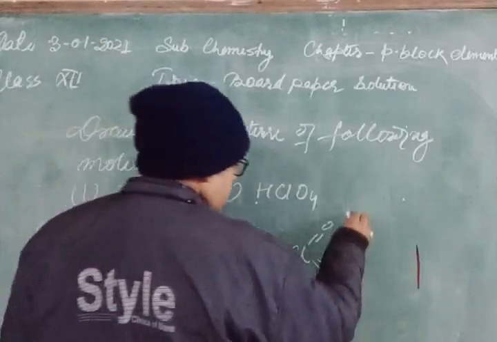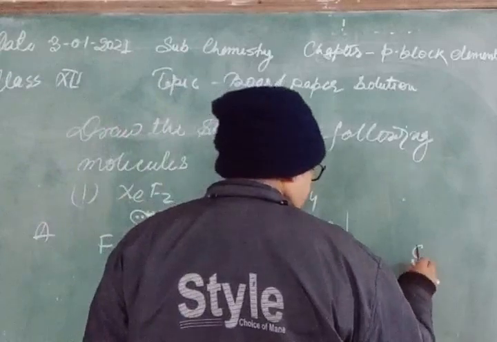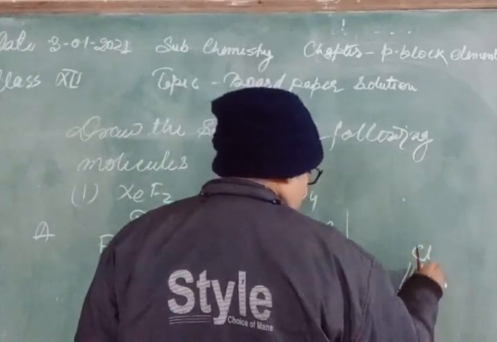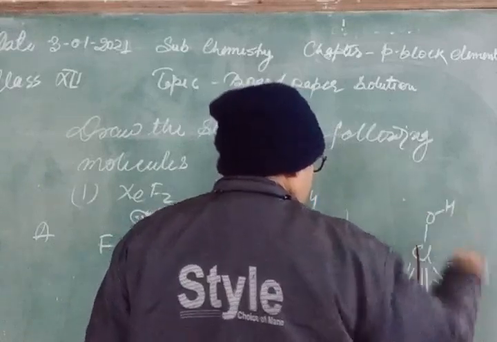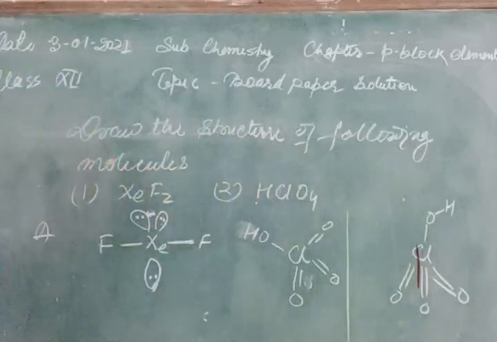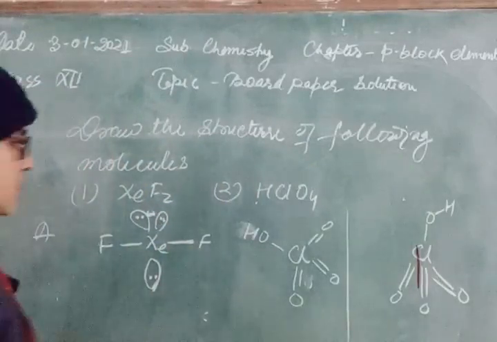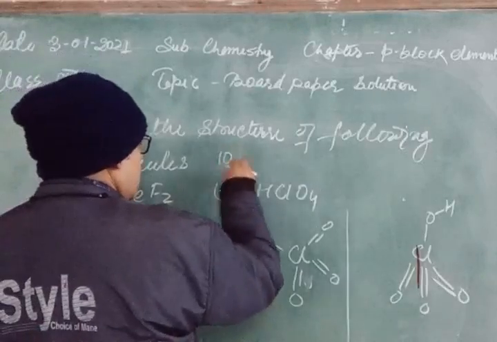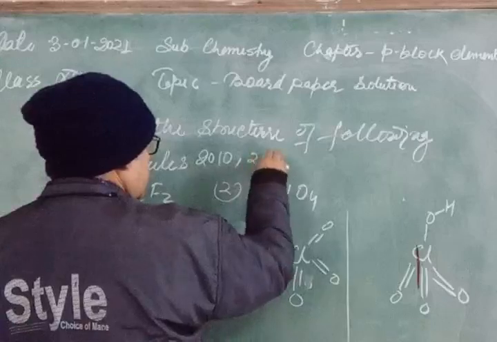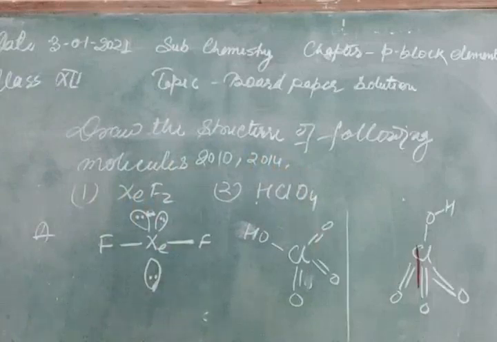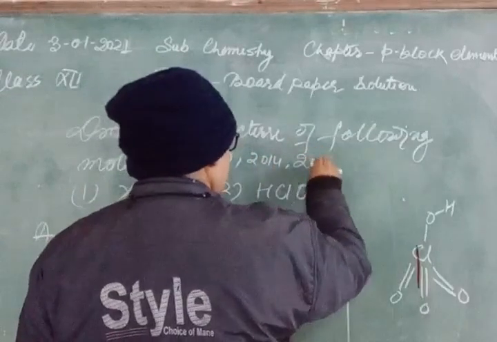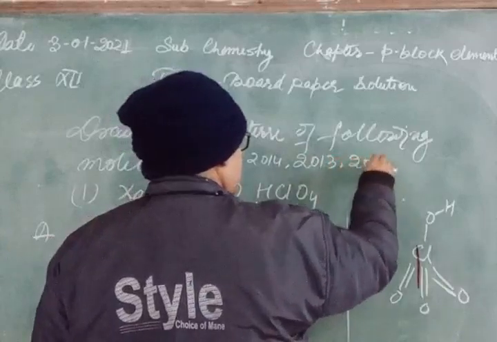You can write it like this in tetrahedral form, double bond O, double bond O. This is the tetrahedral structure. All these structures were asked in various years: 2010, 2014, 2013, 2011, 2010.